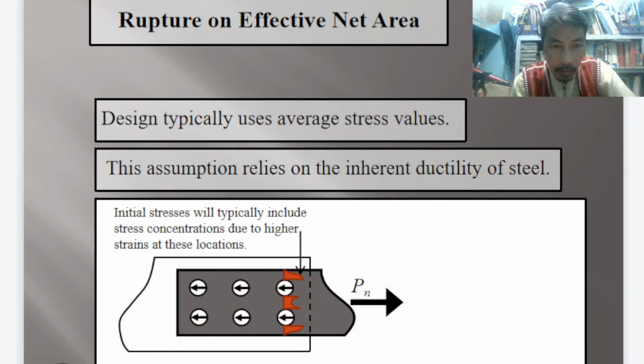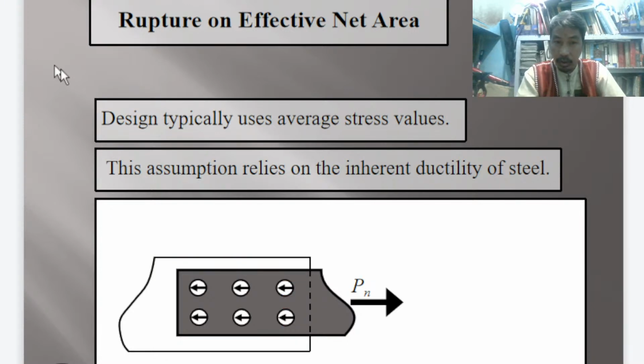What do you mean by initial stresses will include stress concentration? From our assumption of average stress values, we are actually assuming that in each and every location, they have equal values.